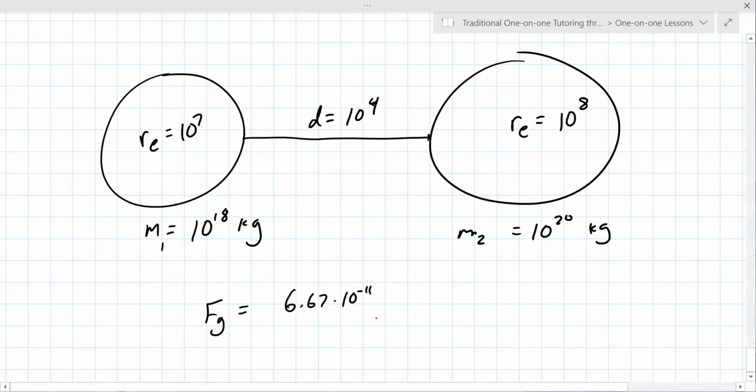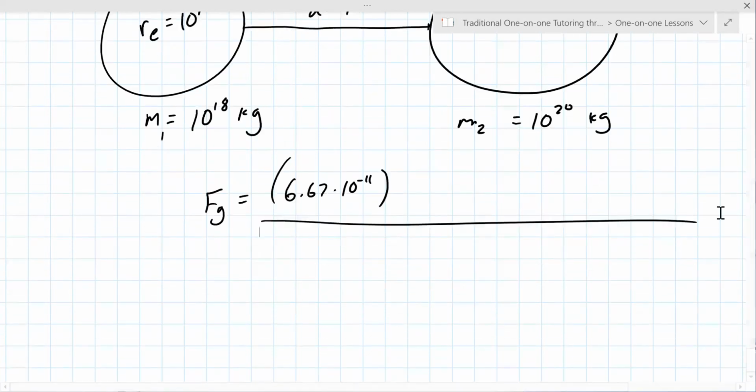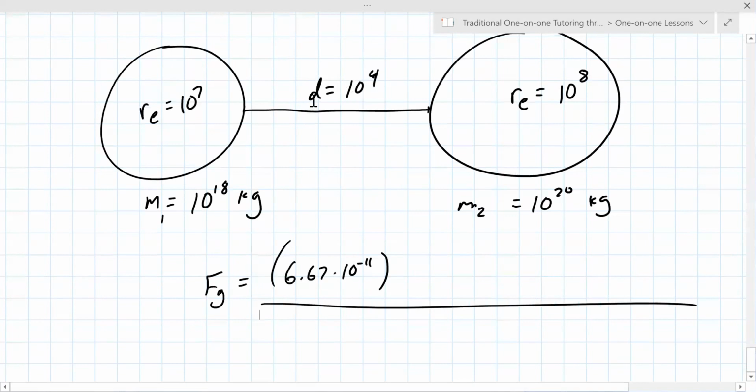All right. The main thing, I'll just do that first, is the distance between the two is not this 10 to the 4th. It's the sum of these three, because you've got this radius, the distance between them, and then this radius here. So it's 10 to the 7th plus 10 to the 4th plus 10 to the 8th.